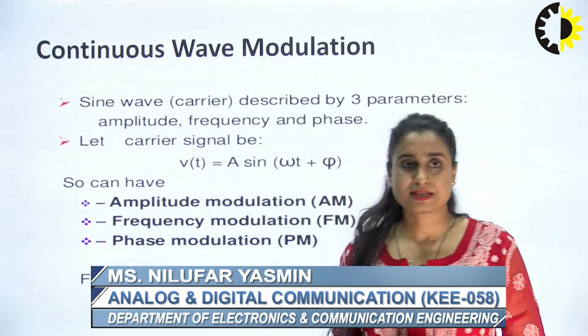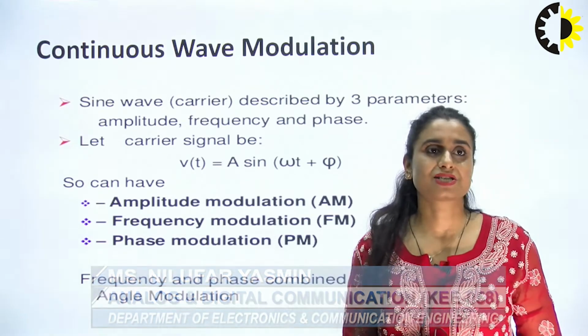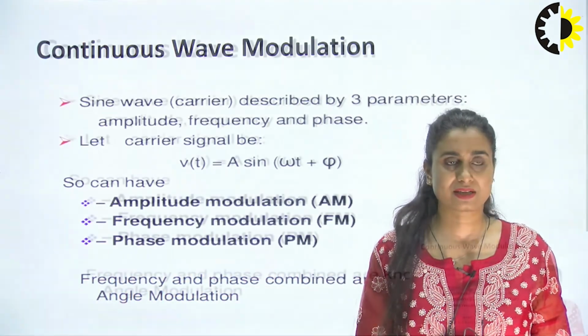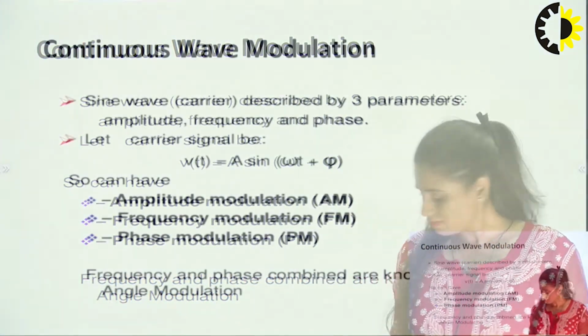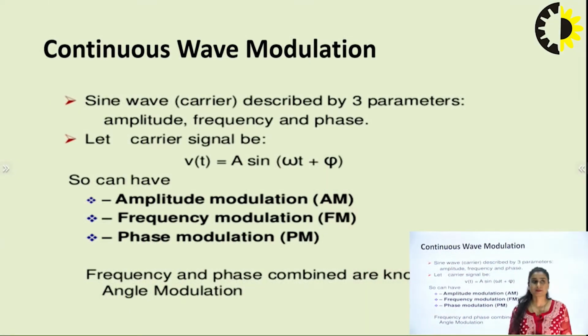So we were discussing analog modulation or continuous wave modulation. We know that analog modulation, or continuous modulation, is a kind of modulation where the message signal used is analog in nature.